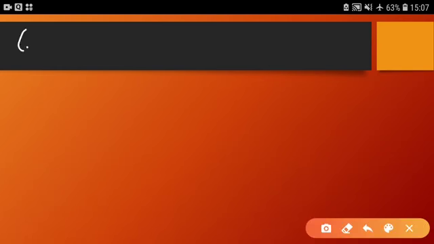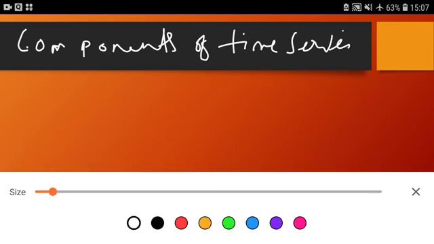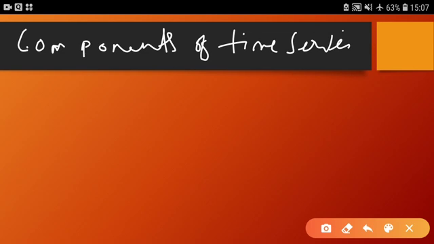We started with components of time series. There were 4 components if you remember.